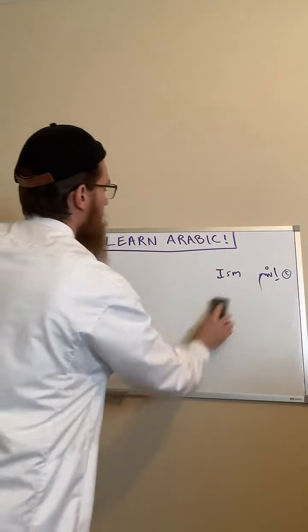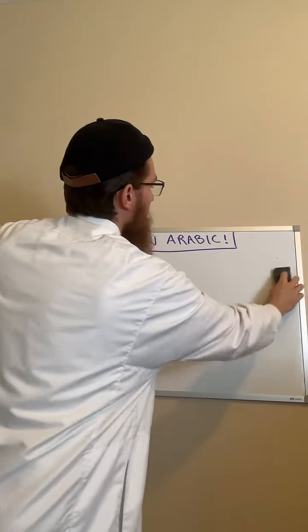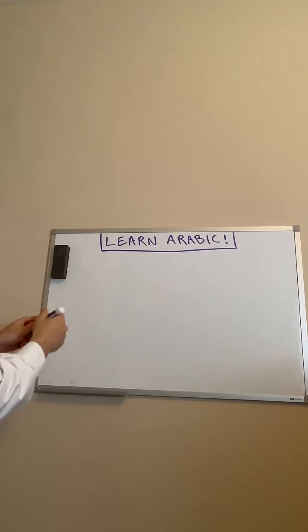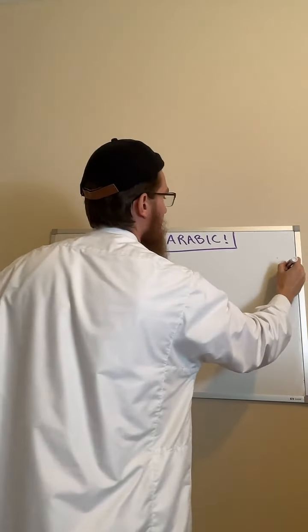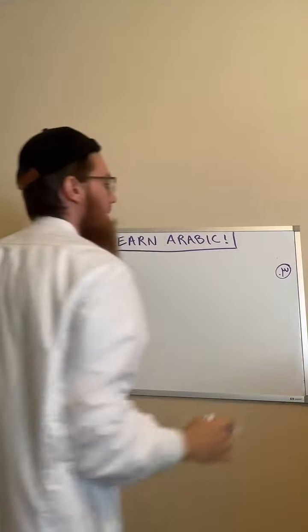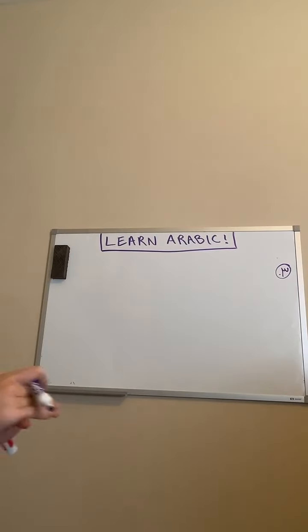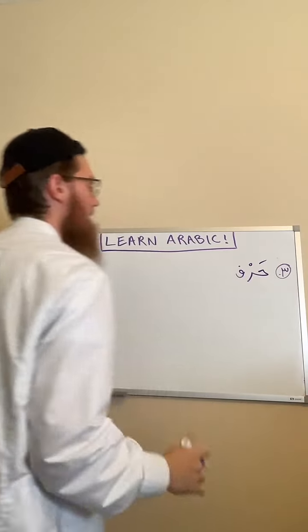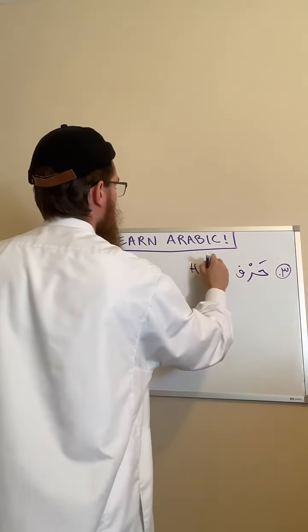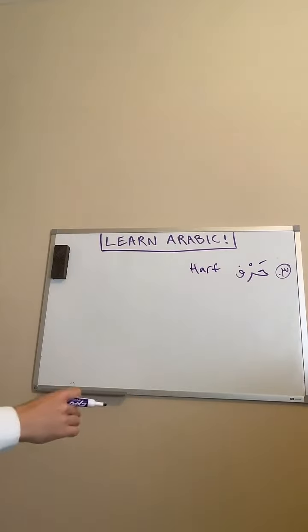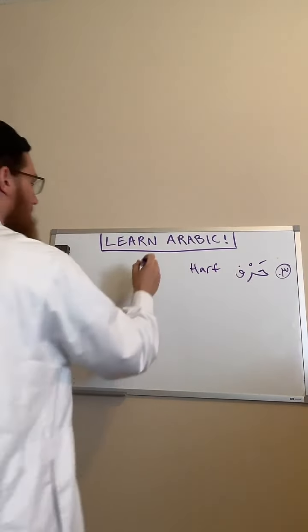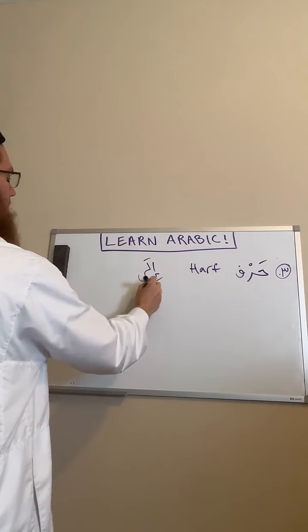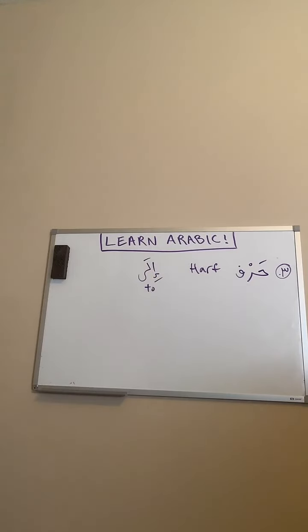What's the third category that we learned? The one that does not have a complete meaning on its own. The harf. For example, ila means to. To what?